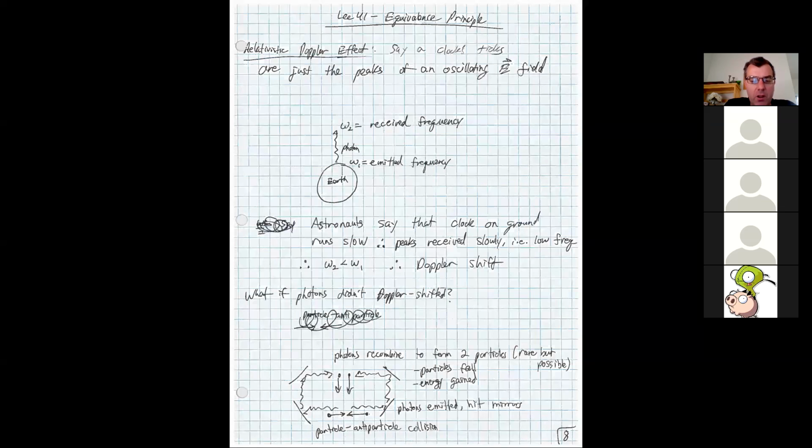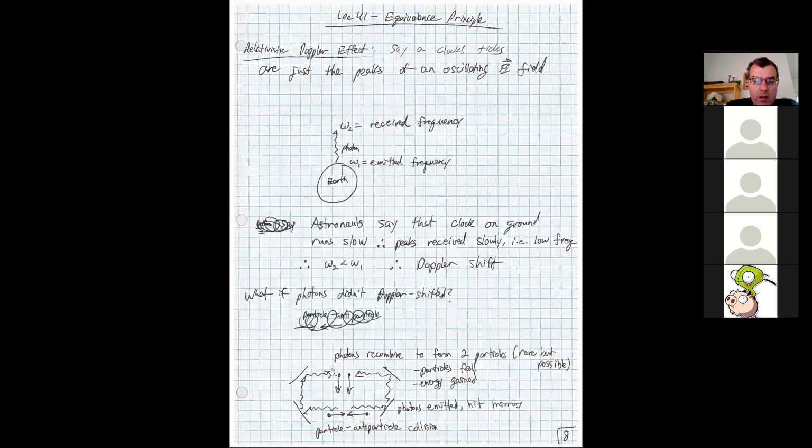Now here's a fun thought experiment. We've been talking about particle collisions and relativity. So let's say a particle and an antiparticle collide with each other down here. They emit 2 photons. The photons go this way and that way. They bounce off mirrors. The mirrors send them up here.